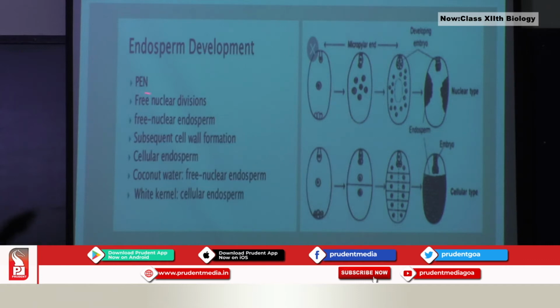Here, you can see this is the primary endosperm nucleus. Inside this cell, which was earlier the central cell but is now the primary endosperm cell, it is carrying the primary endosperm nucleus. And this is what, students? This is your zygote, the diploid zygote.